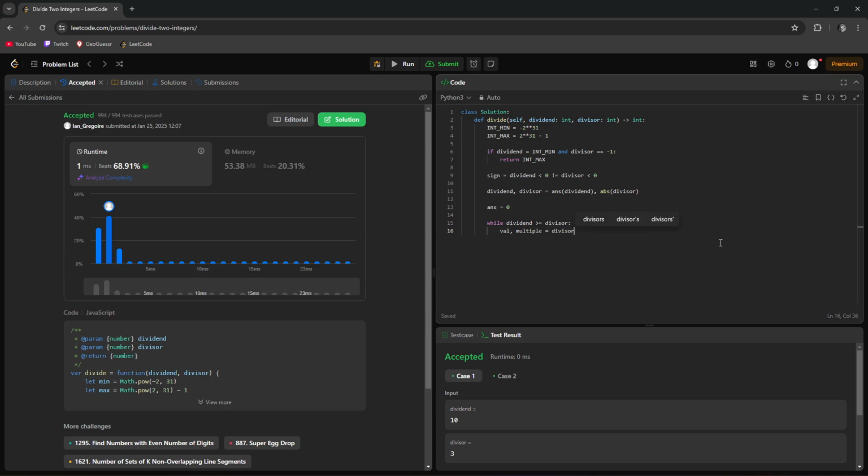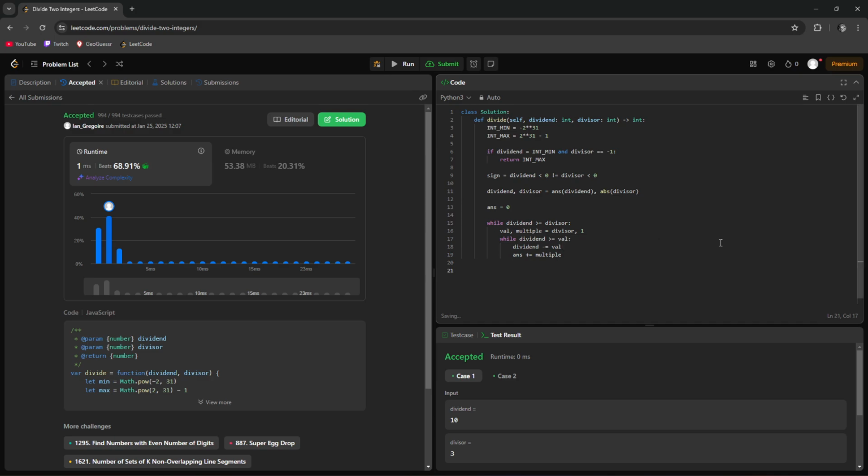So our val is the temporary divisor, and then our multiple will start at 1. So while the dividend is greater than or equal to val, we can subtract val from the dividend, and then our answer is going to equal the multiple, which is 1 at this time.